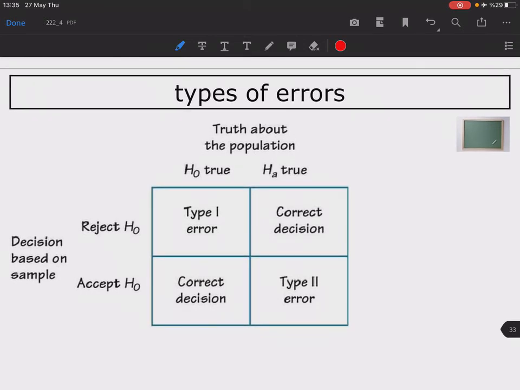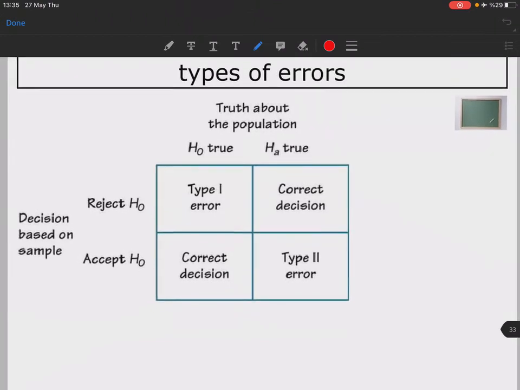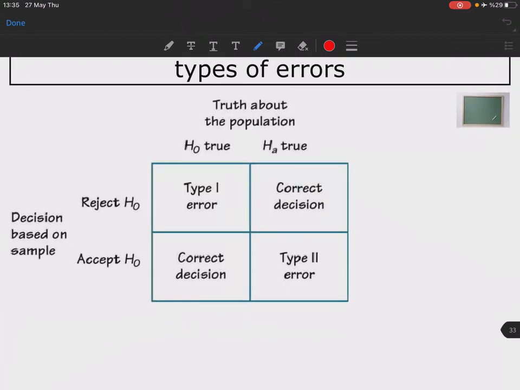Now, there are, of course, some reservations for errors in hypothesis testing, and we have two types of errors right here. Okay, let's talk about the nice things first. Suppose that your H0 is true and you accept H0.